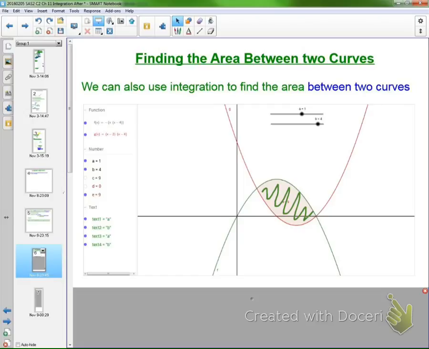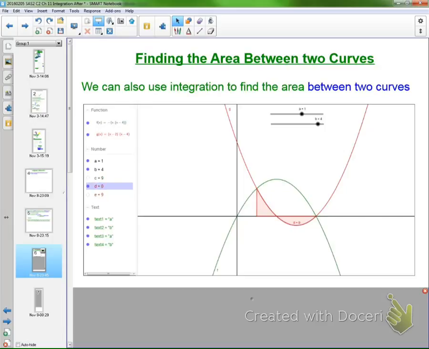So, if we consider first the area underneath F, so we have this green area here, and then consider the area under G, we have this red area here.